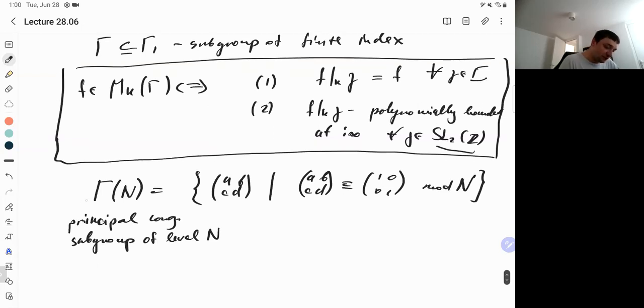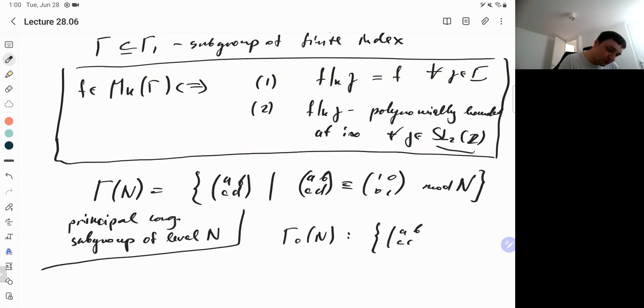And then there's another group, for the story with theta functions, where you define a different congruence condition. You just require the lower left entry to be 0 modulo n, not the identity.